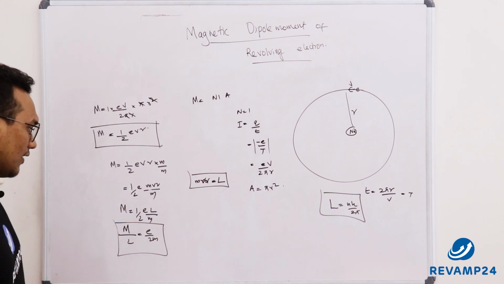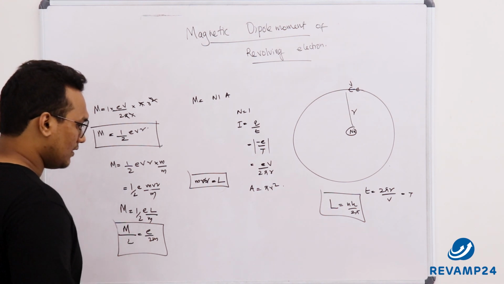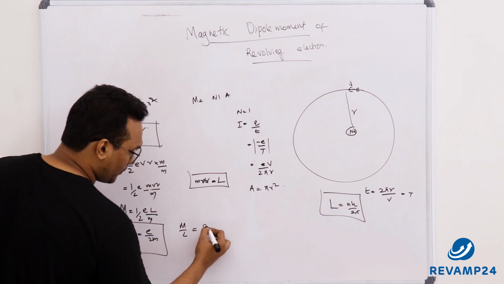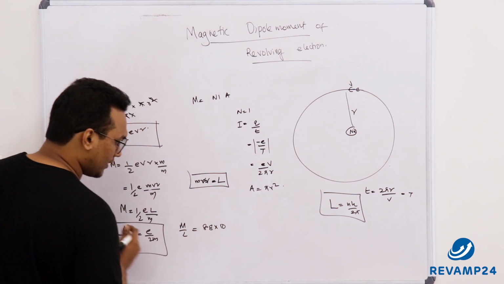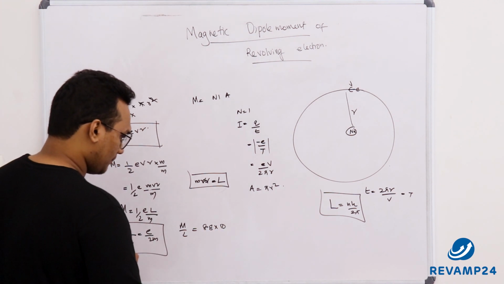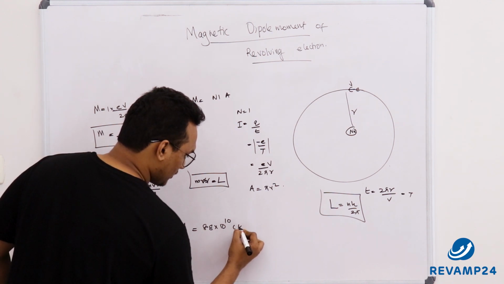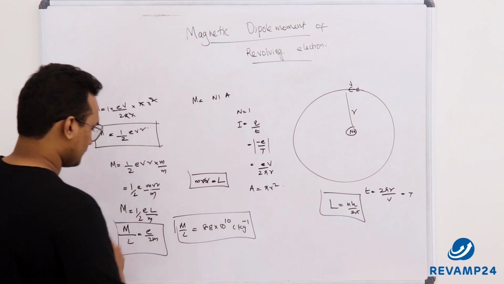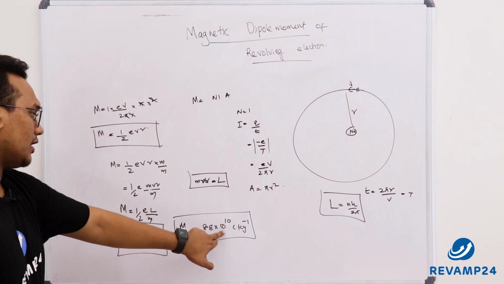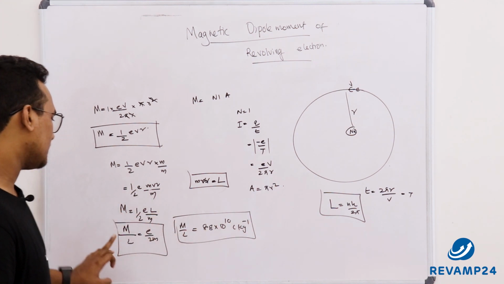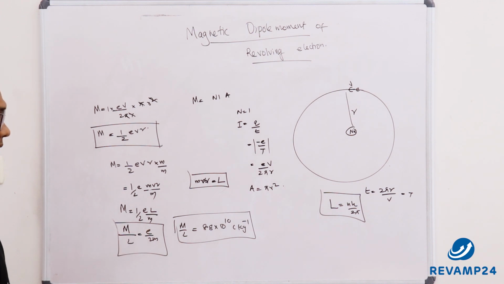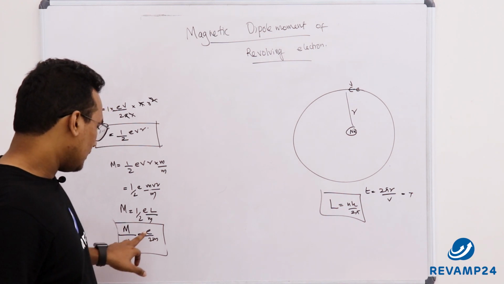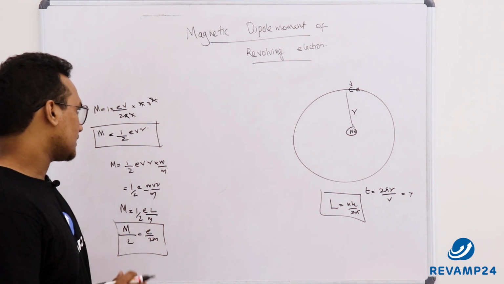On substituting the values of e and m, we get the value of M by L as 8.8 into 10 power 10 coulombs per kilogram. This is the value of the e by 2m ratio. Make a note of it.